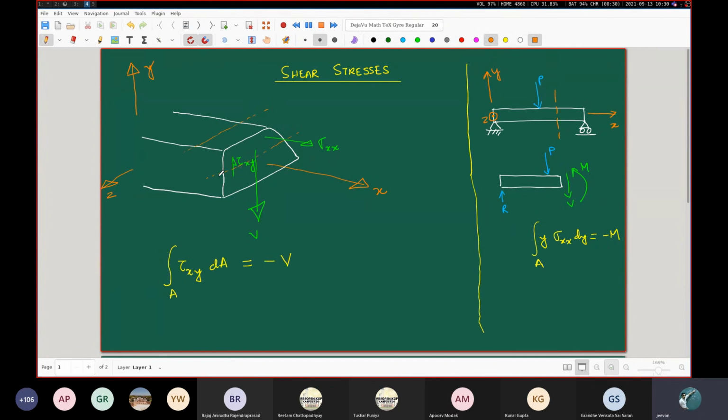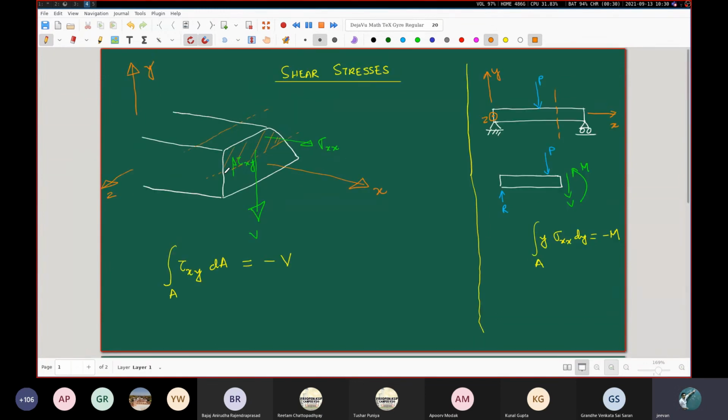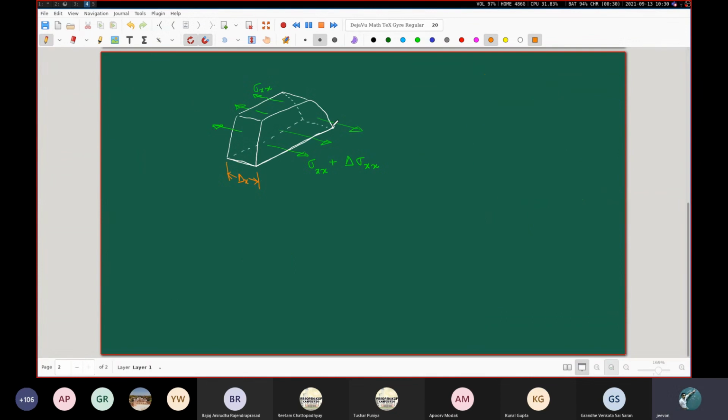It is at some arbitrary distance from the top surface, and I'm taking out this portion. I'm considering this hatched portion. So this bottom surface here corresponds to this line. I'm just drawing it in an exaggerated fashion.